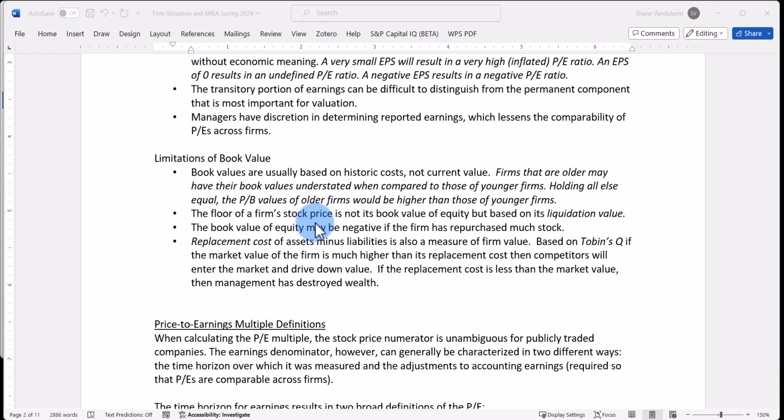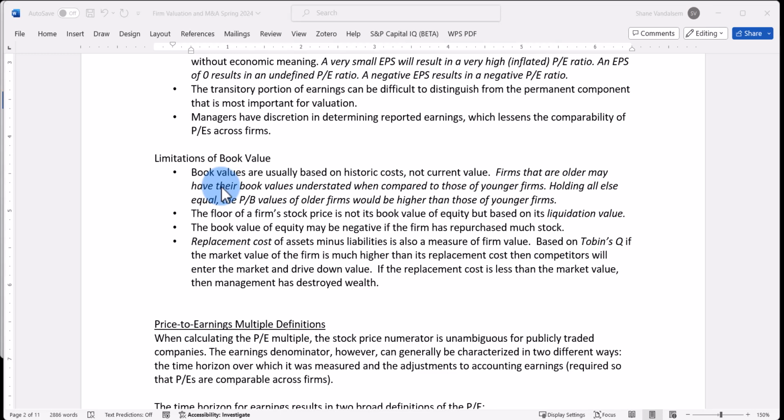And if they're worth more to investors as part of the company than they would be if we just sold them out in the marketplace, then management has created value there. And so those are some limitations on book value and some alternate ways to ascribe value to the assets or the operations of the firm.